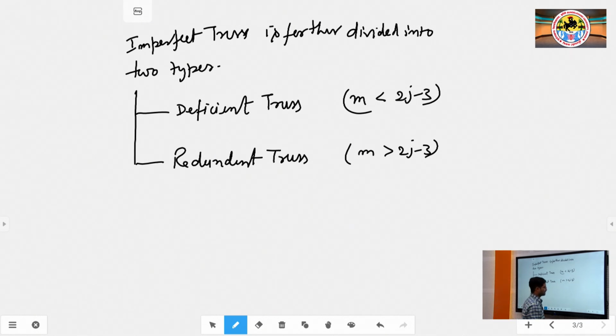So, now we will come to the next point, that is analysis of the truss. Before going to the analysis of the truss, I must give you certain examples where trusses are used. Practically, all of you have seen the railway bridges, like the old Howrah railway bridge.